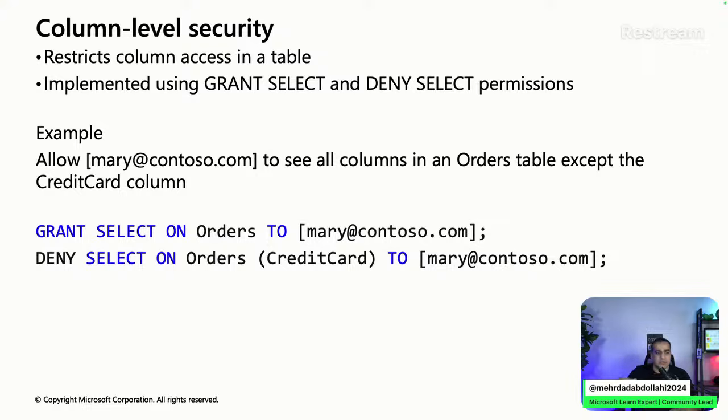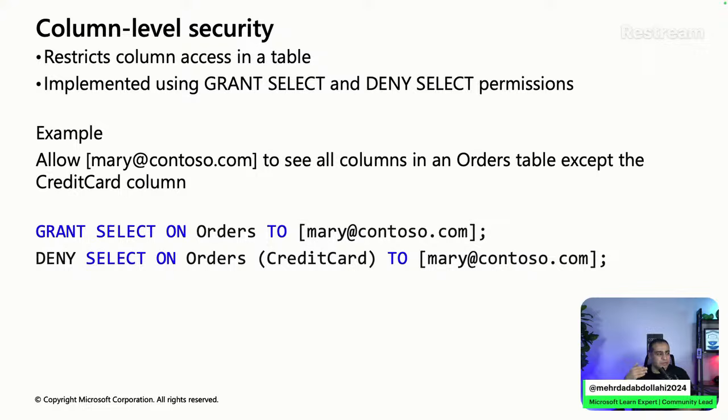So firstly, it is granting, or that user may have access to that specific object, or maybe has access to everything. But it is denying the select on that specific field, which is the credit card. And here we are practicing the object level security as well.